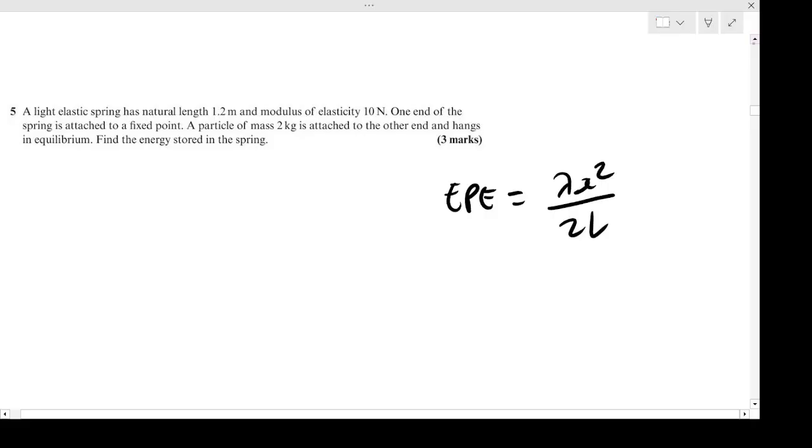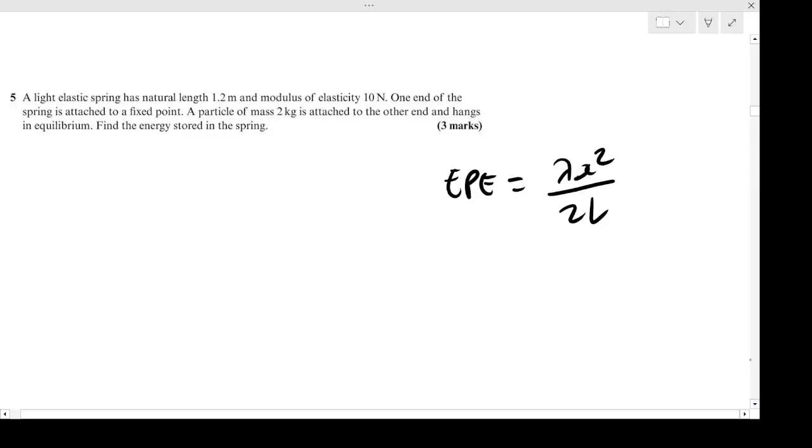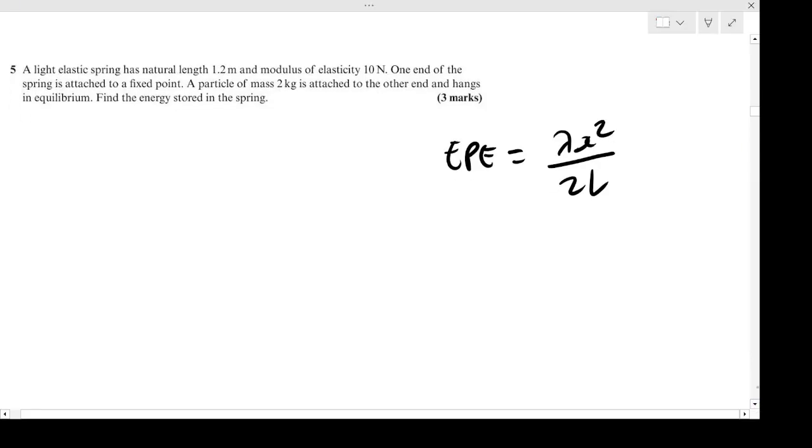We know the natural length is 1.2. Modulus of elasticity is 10. But I can't work out the extension just yet. So what we're going to have to do, good idea, draw a diagram. What's happening is the particle is hanging down, so it's going to look like this. So I've got my spring, it's going to hang down with the particle on the end. So there we are.